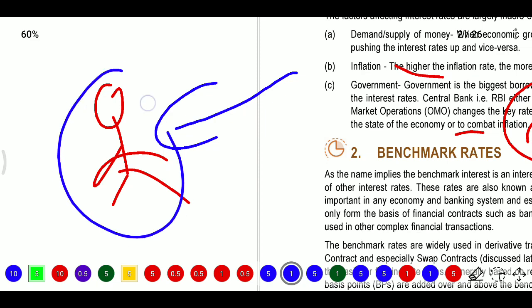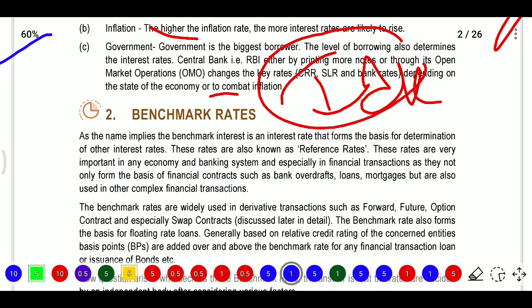This is the ideal person, the benchmark person. Same as that, for interest rates we have benchmark rates. That benchmark rate is also known as the reference rate. These rates are very important in any economy and banking system.